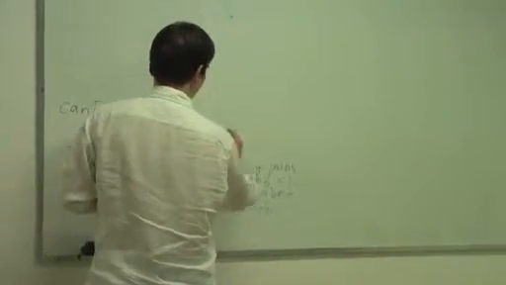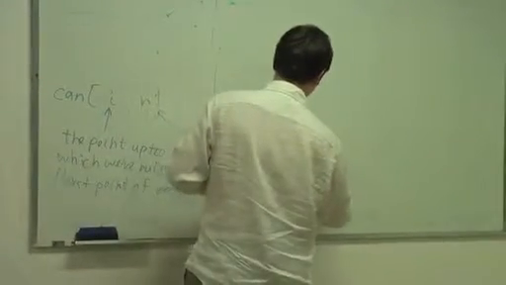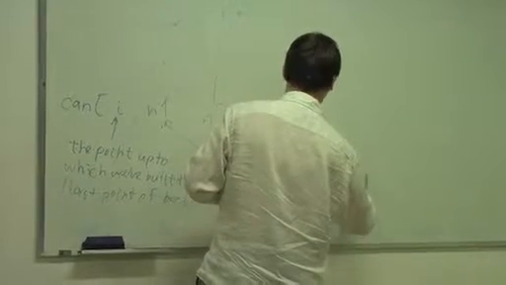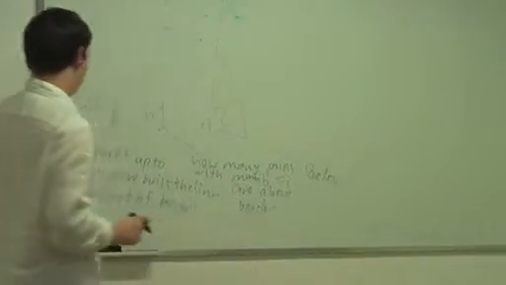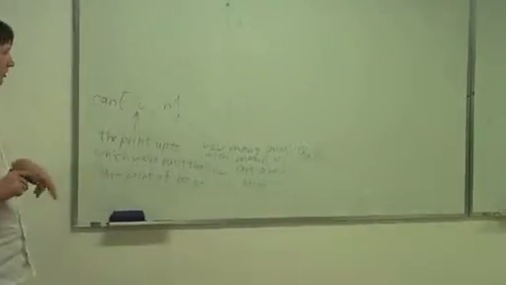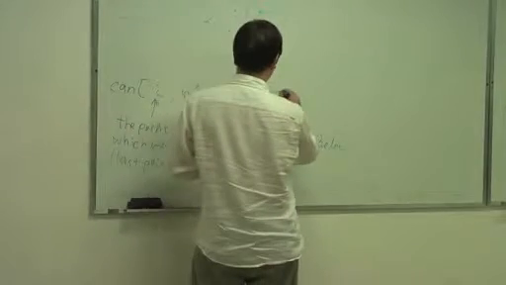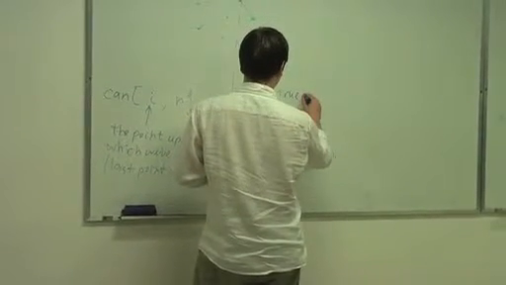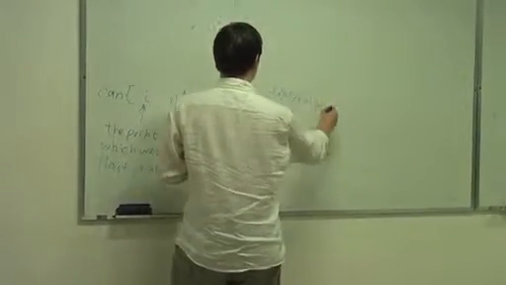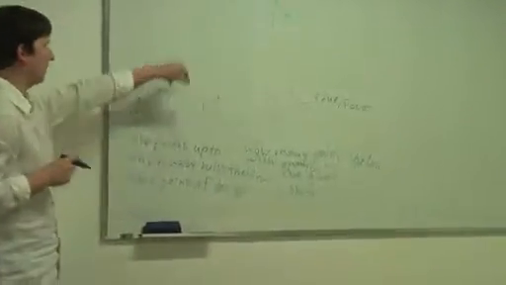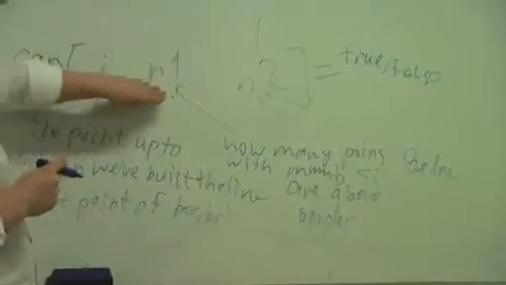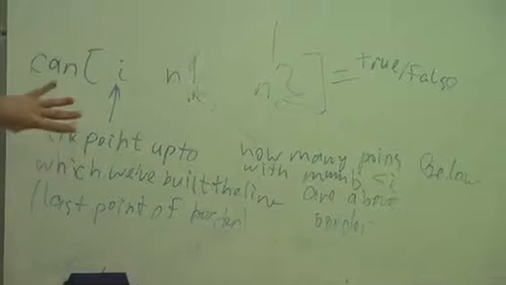And N2 means below, the same but below the border. And we'll calculate this array in the order of increasing I. And the value in this array will be either true or false: is it possible or not? You have such a split that ends at point I, has N1 points above the border and N2 points below the border.